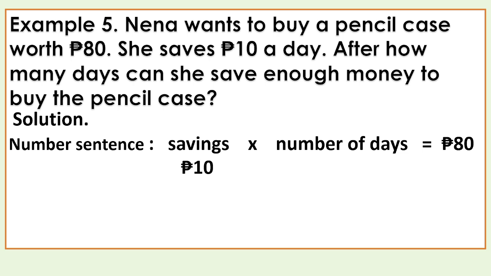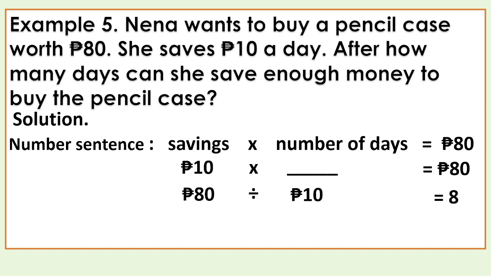The savings, 10 pesos, times number of days equals 80 pesos. So 80 pesos divided by 10 pesos equals 8. So the answer is it takes 8 days.